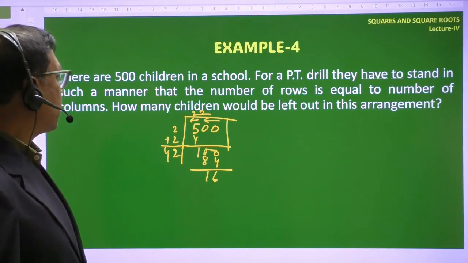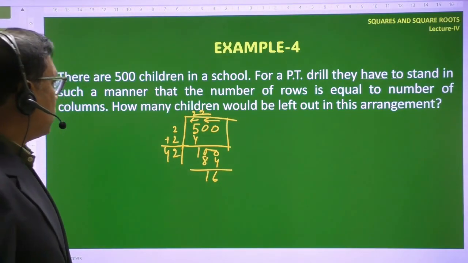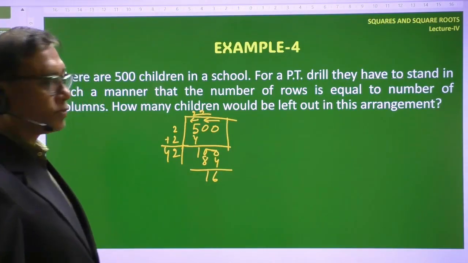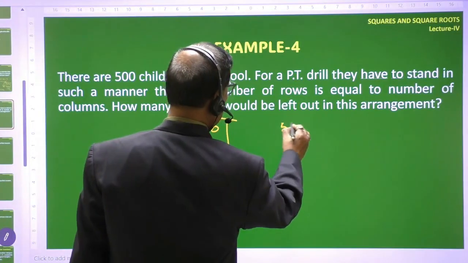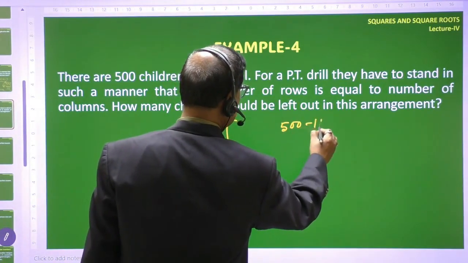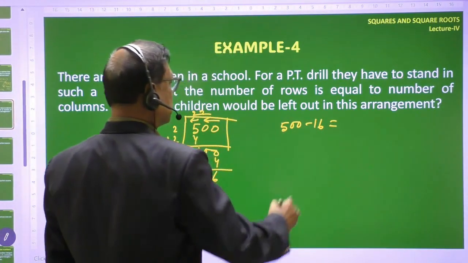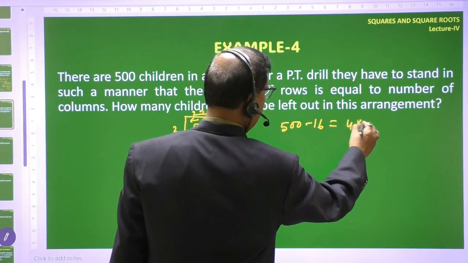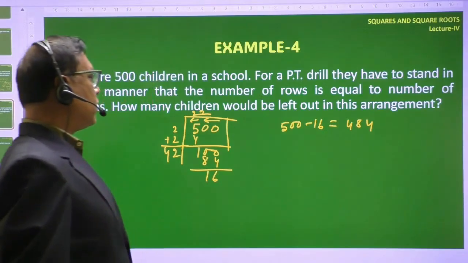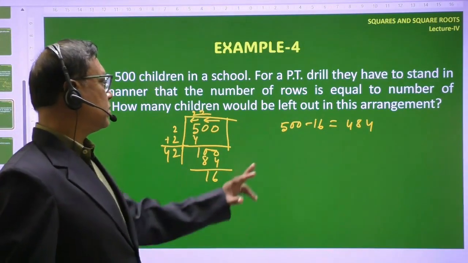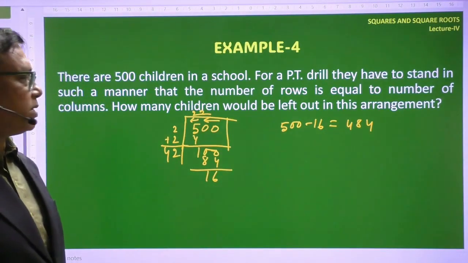That means, what is the value? 16 is the remainder, means 500 minus 16. That is 484. 484, that is a perfect square.